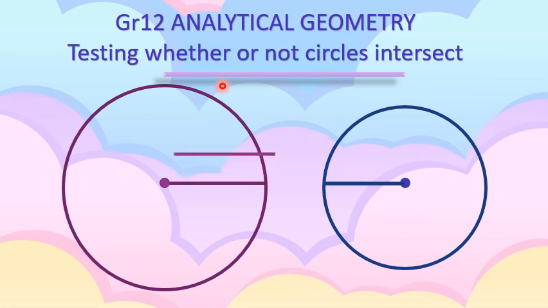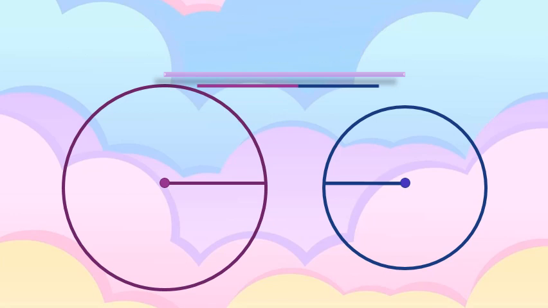Now, if you take the radius of each of the circles and add them together, in other words join the radii together, can you see clearly that the sum of the blue radius and the purple radius is smaller than the distance between the two centers when the circles do not intersect? So we can make a conclusion about this.